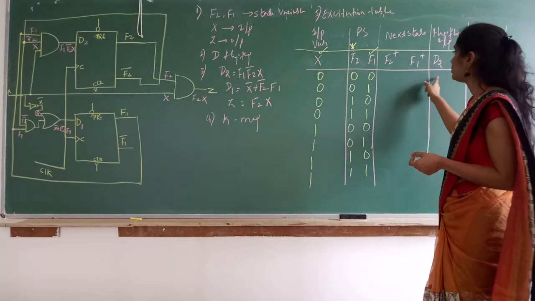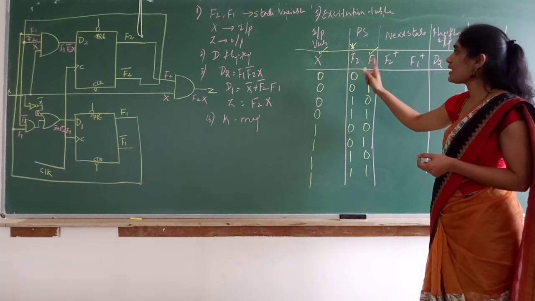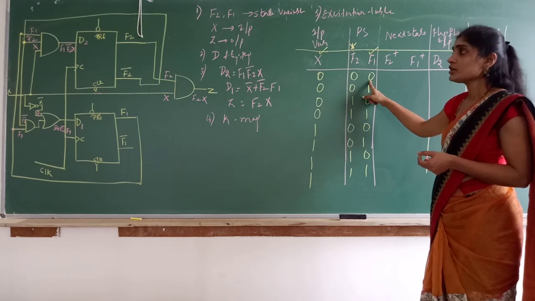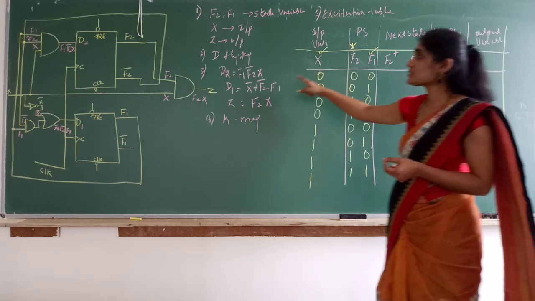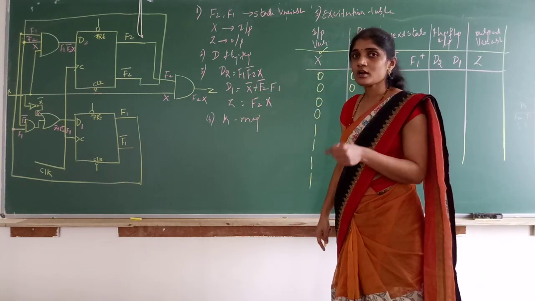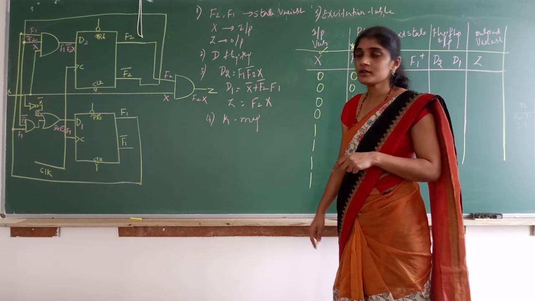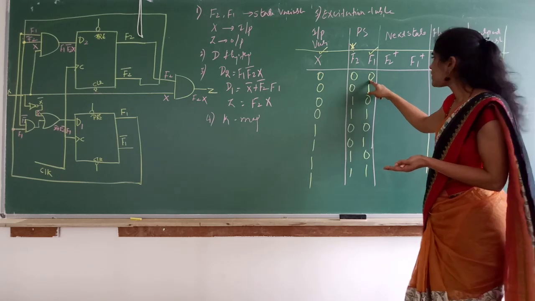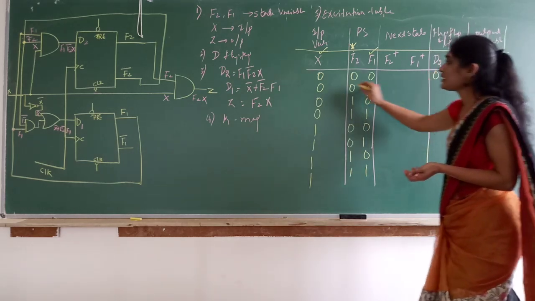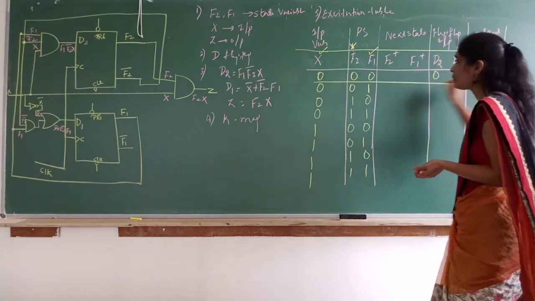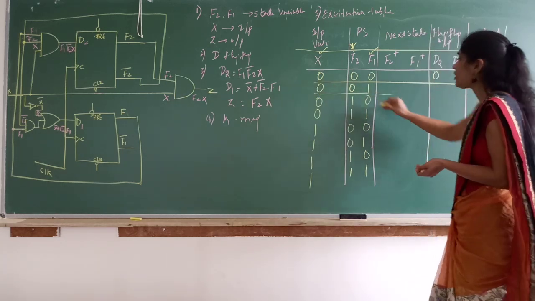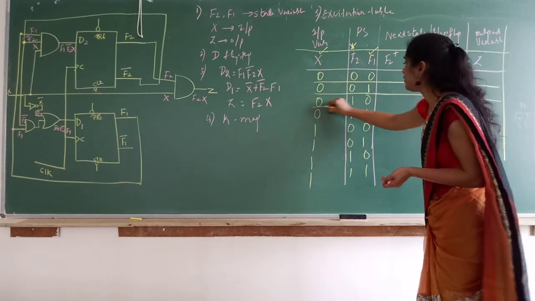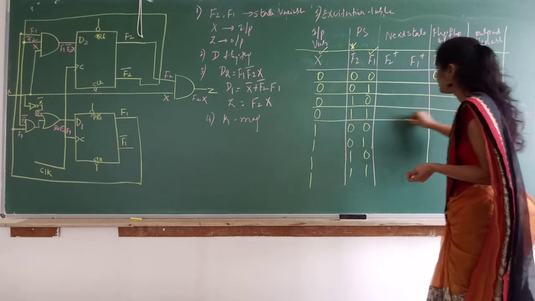Now F1, F2 bar, X is an AND operation. If any one of the inputs is 0, definitely the output will be 0. Here F1 is 0, so I can directly write D2 as 0. I need not check X and F2 bar. Am I correct? AND gate, if any one of the inputs is 0, the output will be 0.